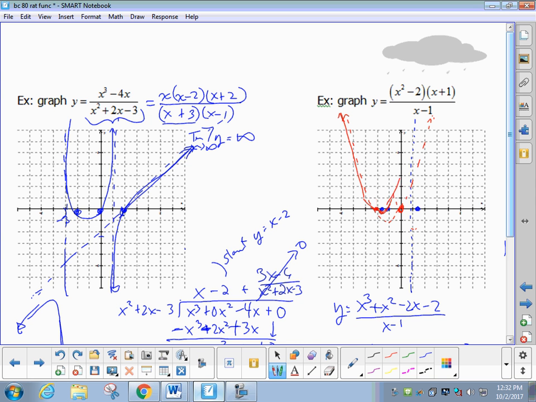It'll follow the vertical. Remember that slant is only for the outsides. And so we follow that, and then last but not least, what's the graph going to do right of the vertical? Follow the slant here. What about at the x-intercept? We'll follow the vertical asymptote. So you get something like that.